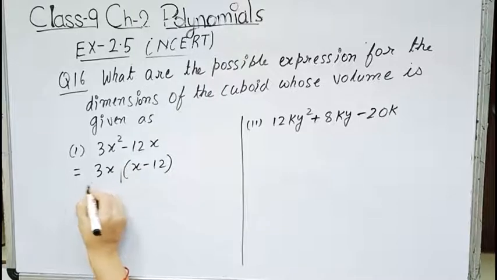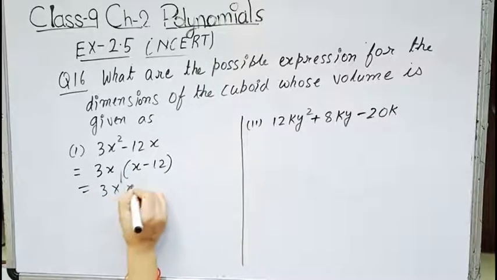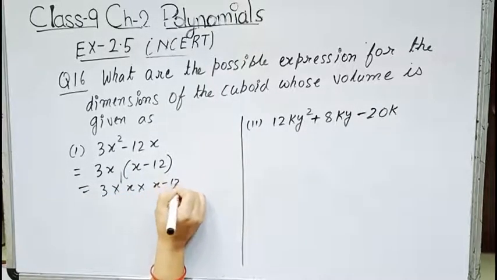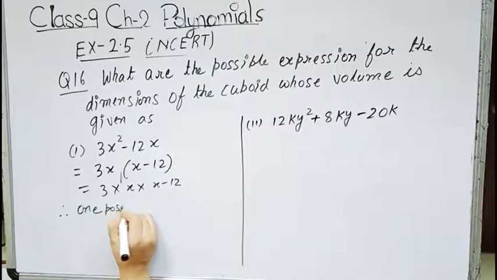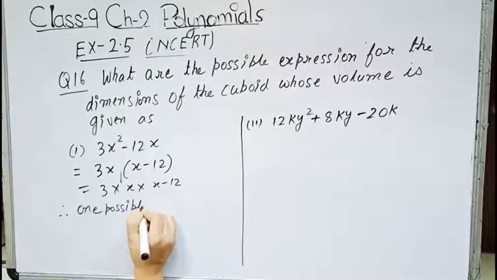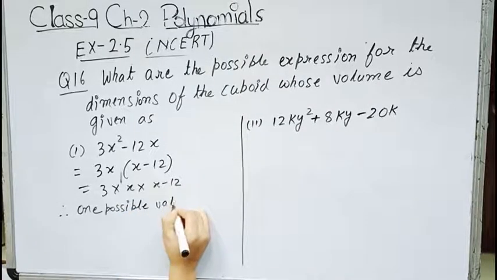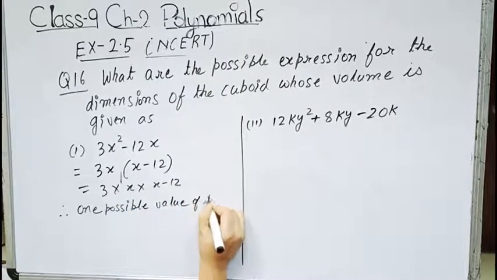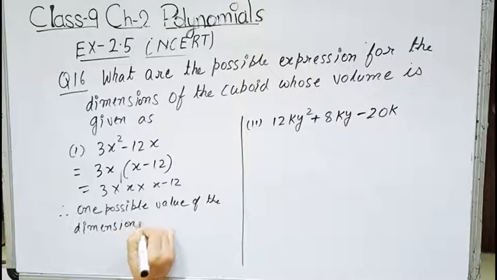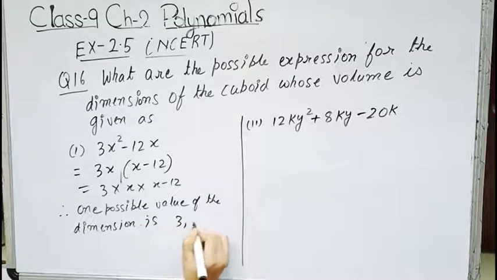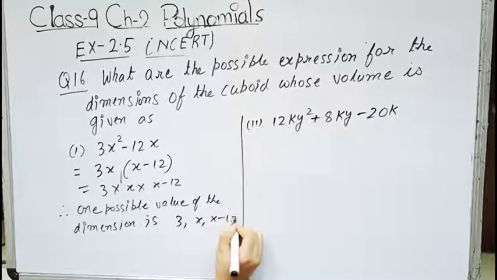So over here I can write this as 3x into (x minus 12). Therefore, one possible dimension is 3, x minus 12 units.